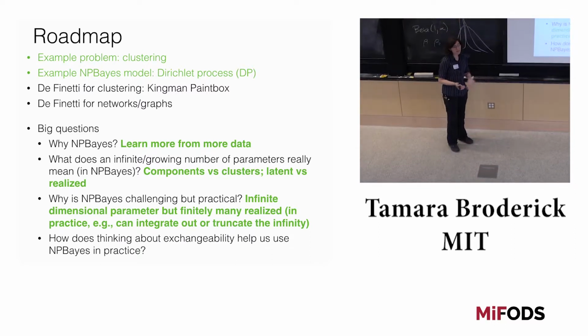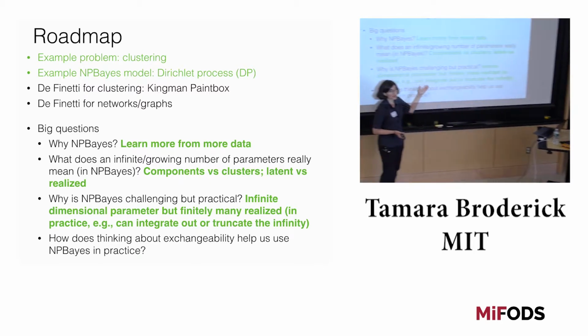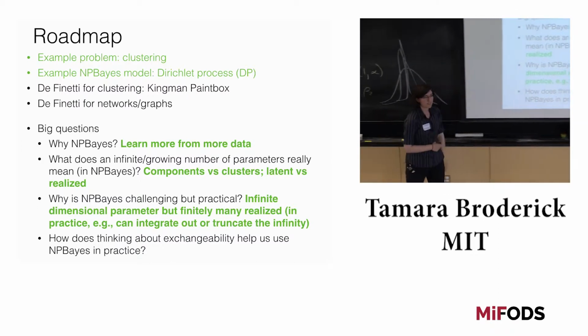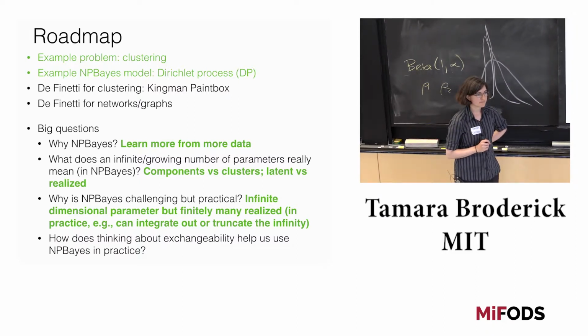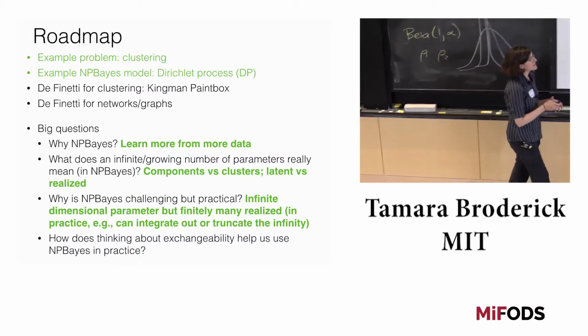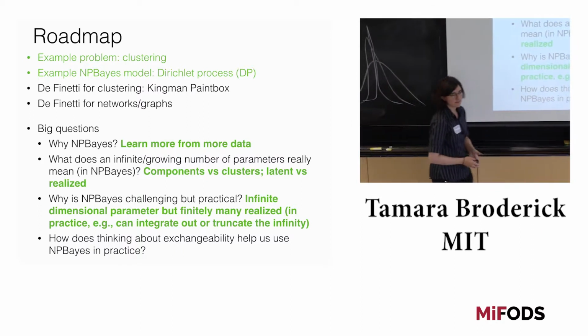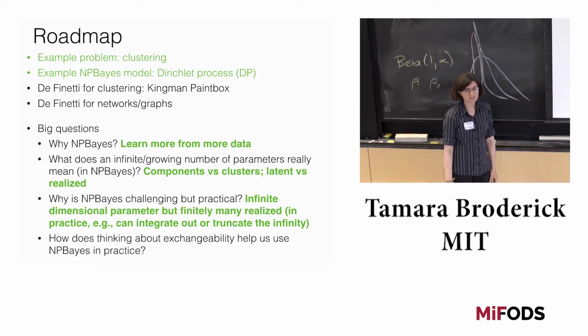But if you did care about them, you could still work with a slice sampler, which maybe integrating out isn't the best way to describe, but there are ways to work with them directly and still get an exact sampler. Is there a difference between getting an exact sampler and being able to say this is the marginal probability of seeing this data point? No, you can still get that from a sampler. All I want to say is that you don't have to make additional approximations beyond the MCMC sampler. And at least with some of them, you can actually access the rows if you care about that. Yeah.